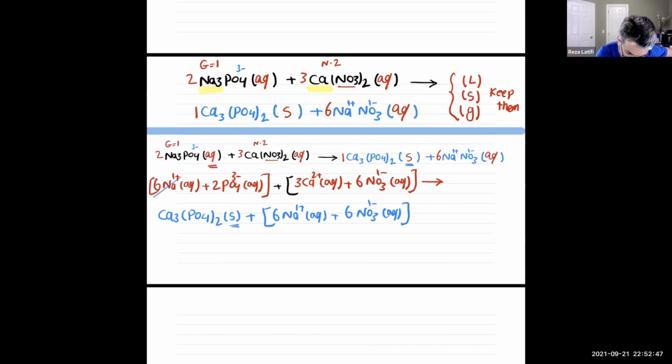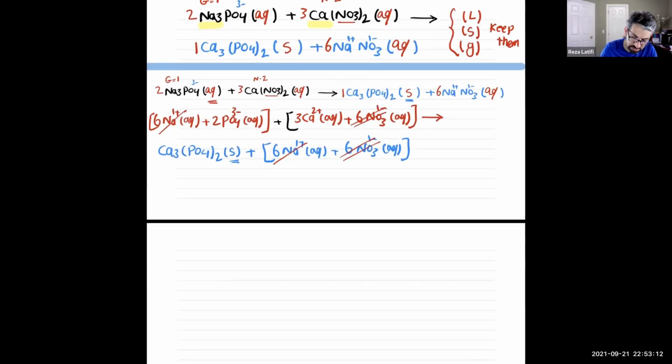I see 6 sodiums, so I will cross them out, and 6 nitrates, they will go too. Forgive me, I actually crossed the wrong one. So we cross 6 sodiums by 6 sodiums, and 6 nitrates by 6 nitrates. We are left with, from the first side, 2 phosphate ions plus 3 calcium ions, and we get calcium phosphate.